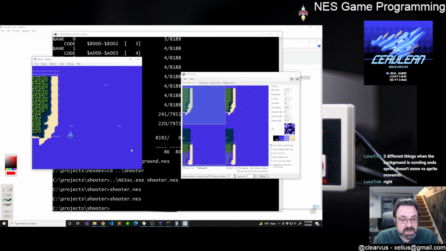Then you have to compensate for the background movement by shifting the sprite back on the screen to the left to offset the background movement. That's because you have to keep track of where you are in the level, and that's your camera, right?